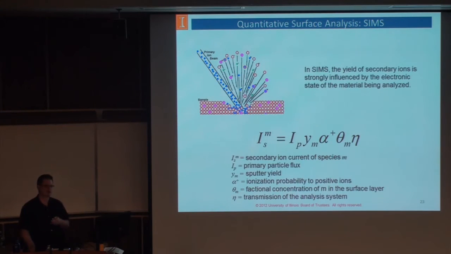Unfortunately, for SIMS, while we have some information for sputter yield, we know almost nothing for alpha. So it becomes very hard to be quantitative.